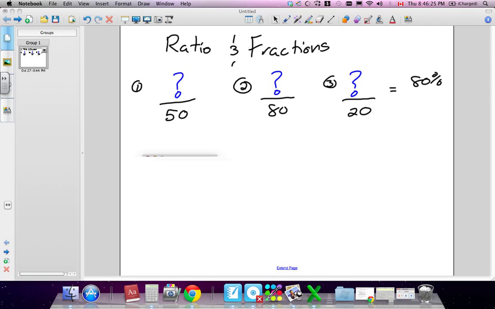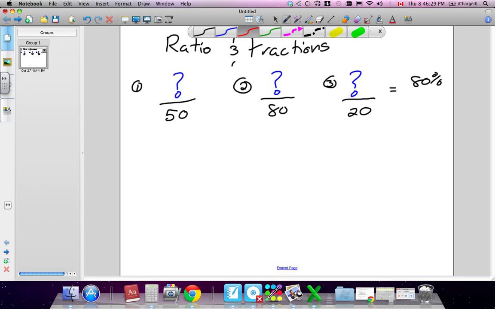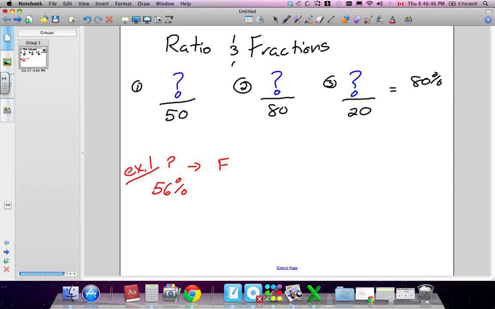Let's go from percents into fractions. So, here's our example on the side. Example 1: I have 56% on a test. I need to know what that is as a fraction. To turn a percent into a fraction, I take the percent, 56, and I divide it by 100.